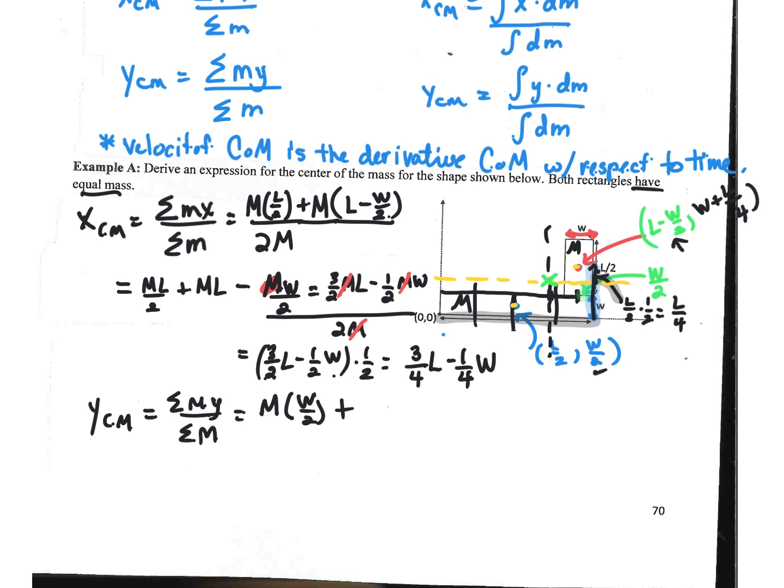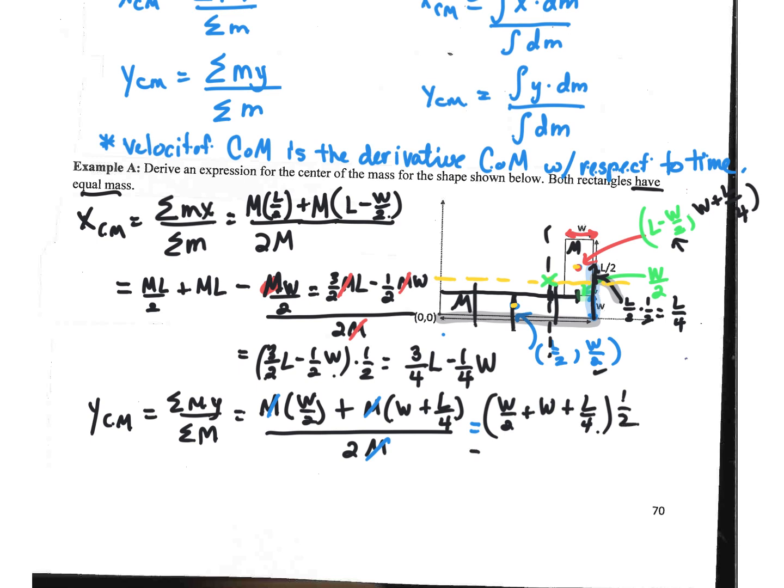So if we're smart, we'll go ahead and get rid of our M's, and so we end up with W over 2 plus W plus L over 4, and I'm going to multiply that by 1/2. We got 3/2 W, so we have 3/4 W plus L over 8.